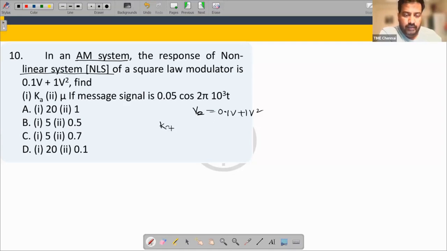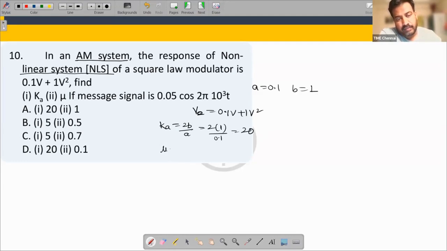Find Ka. Ka is 2b by a. From this, a is 0.1, b is 1, 2 into 1 by 0.1. Ka is 20.